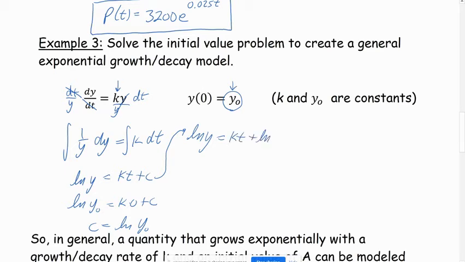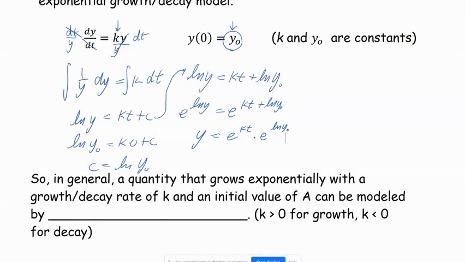Okay, so now from here I know what C is, so I have natural log y equals kt plus natural log of y naught, and raise e to the power of each side. And then we get y equals e to the kt times e to the natural log of the initial value, and so that just becomes y0, so we'll put that in front.